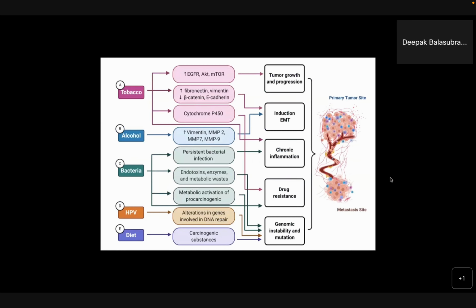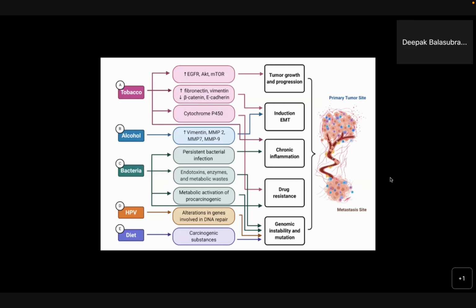Now, you have to understand how the different exogenous factors affect tumor progression and the way the tumor responds to treatment. So you have tobacco, alcohol, bacteria, HPV, and diet. And these are the different ways that these exogenous factors affect the mediators of tumorigenesis.